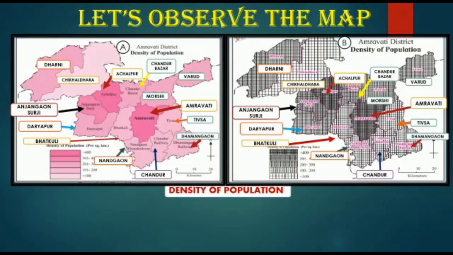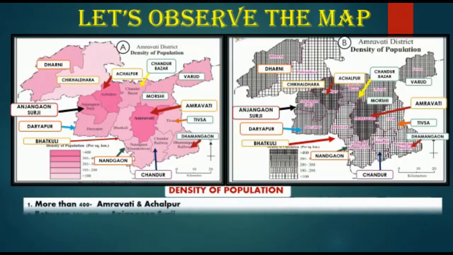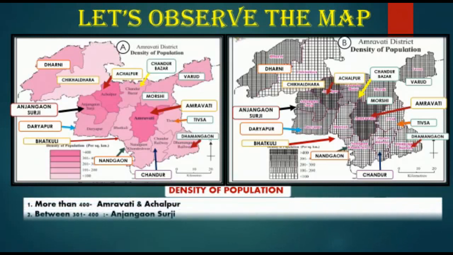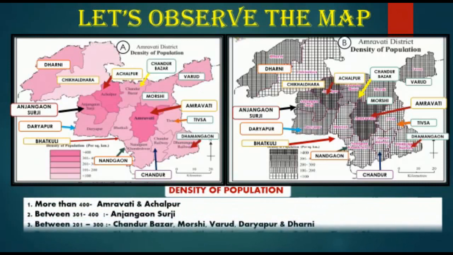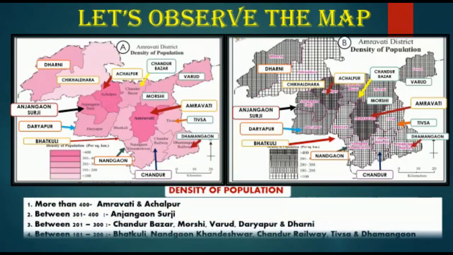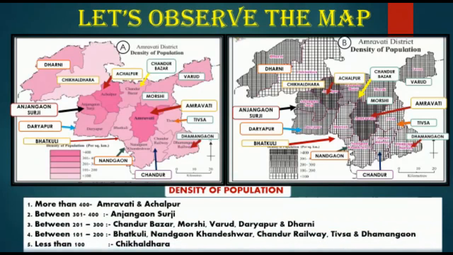So, here we have the classification of density of population per square kilometer, such as more than 400, density of population between 301 to 400, between 201 to 300, between 101 to 200, and then less than 100.